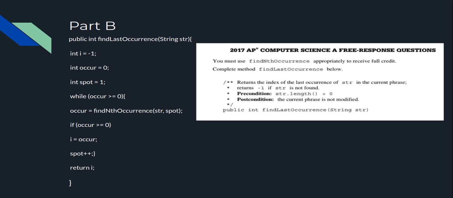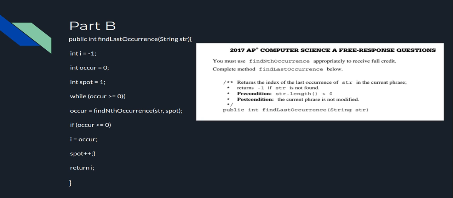So for the first run, it finds the first occurrence, and then later on it'll add to spot, which will make it find the next occurrence, and after that. So as long as the index is greater than or equal to 0, int i equals occur, and then spot is increased by 1 so that it'll find the next occurrence.